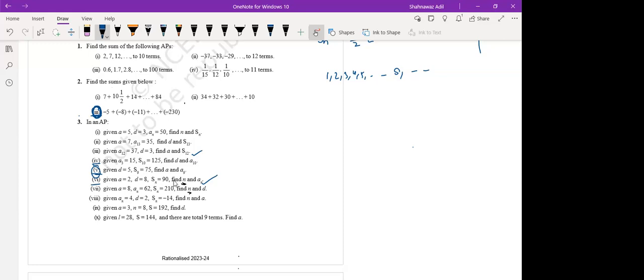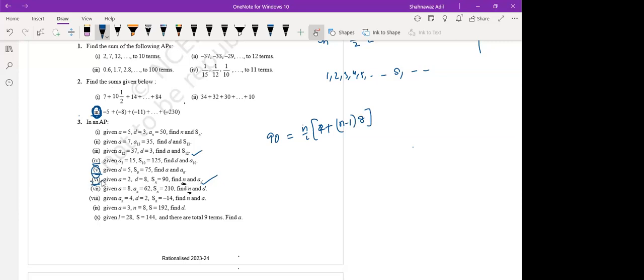I guess this one is the question. S n equals 90, n by 2 into 2a plus (n minus 1)d, and d is 8. So this question, what was the question?